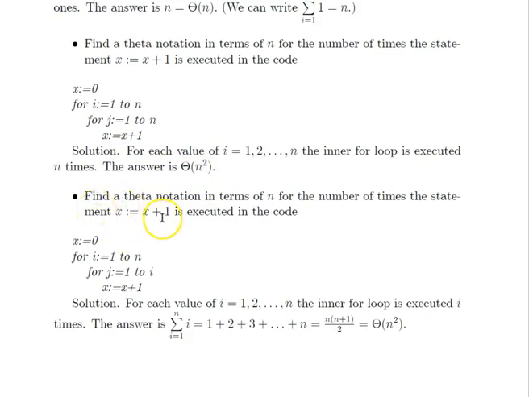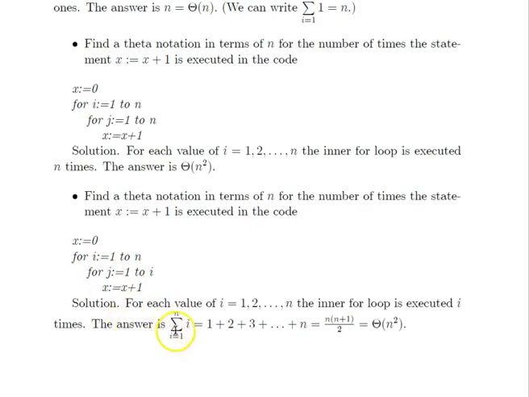Third example: find the theta notation in terms of n for the number of times the statement x equals x plus 1 is executed in this code. Solution: for each value of i from 1 to n, the inner loop is executed i times.